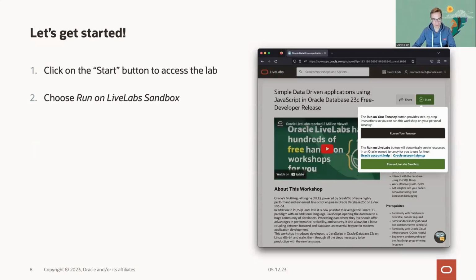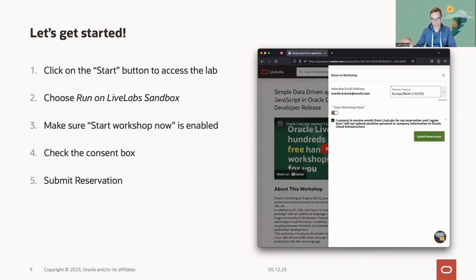Once you have logged in, you will see that your name is in the top right, where the sign in button used to be. Next, click on the start button, and it's important to say run on Live Labs sandbox, the green button. A little pop-up opens, and here you see your time zone. You can leave that as is.